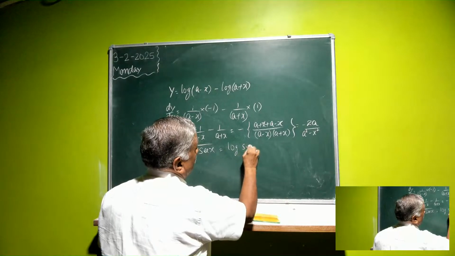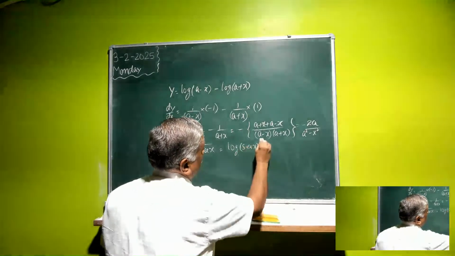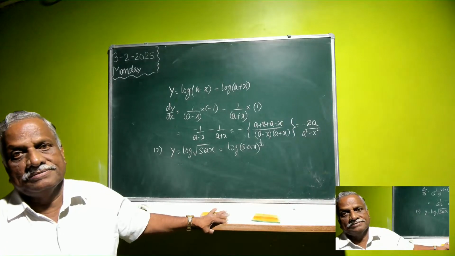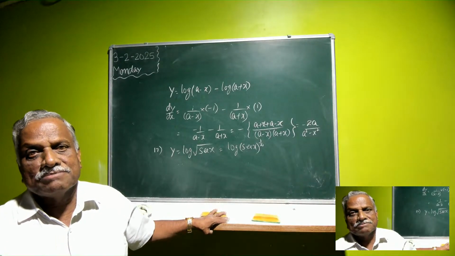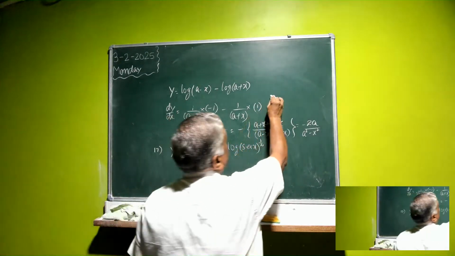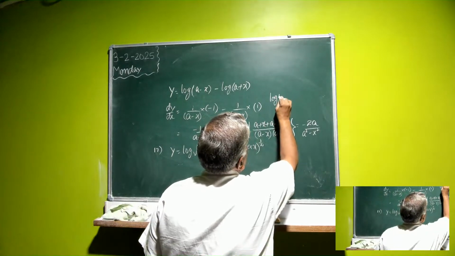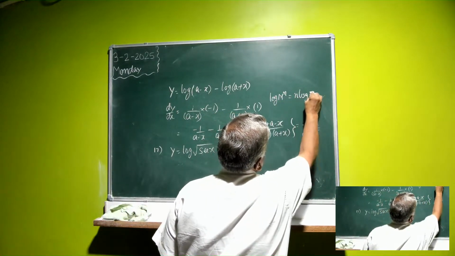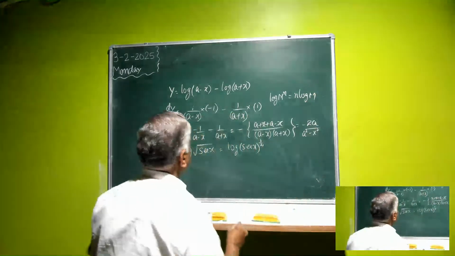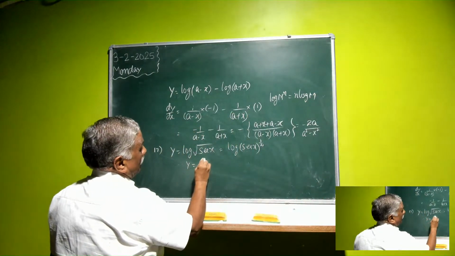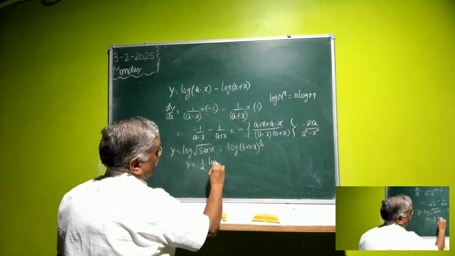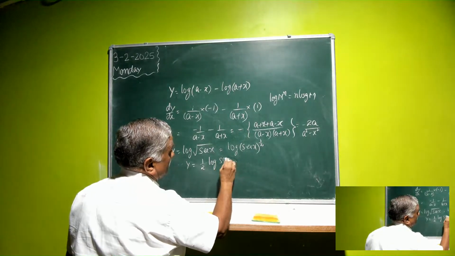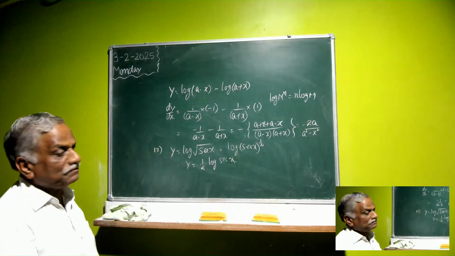It is log of secant x to the power of half. By using a formula, the simplification becomes easy. I have explained it already, but I am repeating it. Log m power n is n log m. So this is going to be half log secant x. Now let us differentiate this.